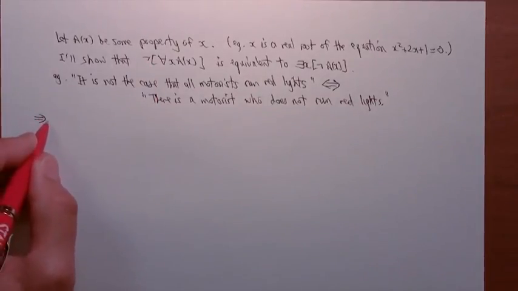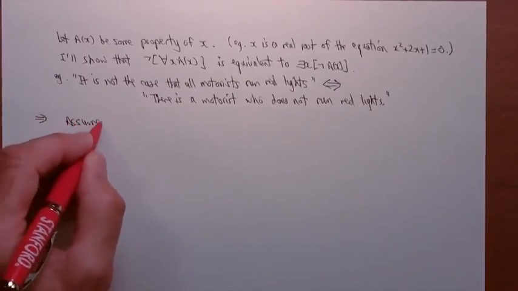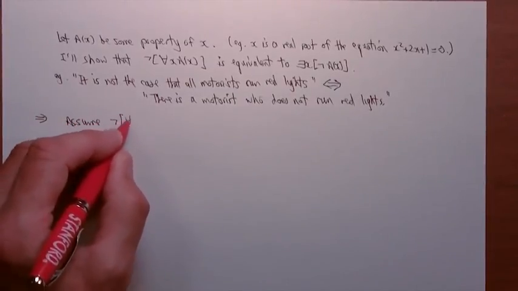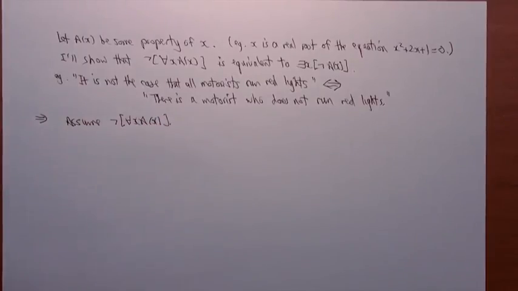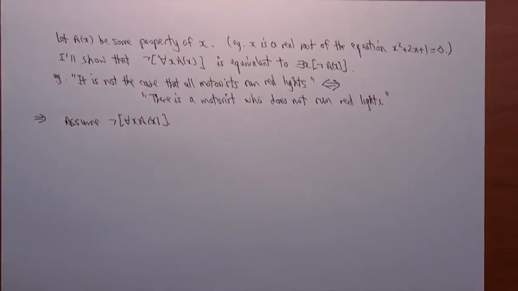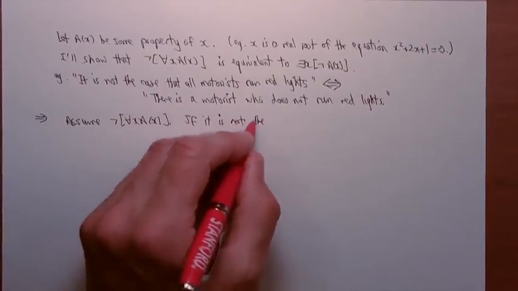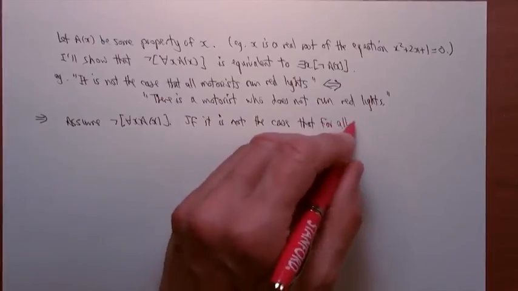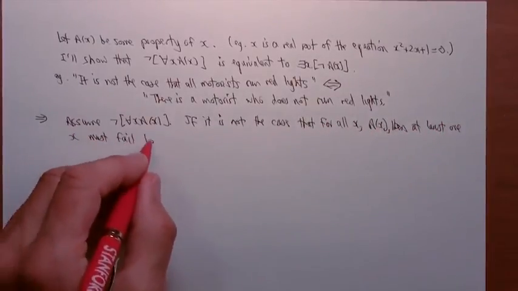So we begin with the left to right case. I'm going to assume not for all x A of x. Well, if it's not the case that for all x A of x, then at least one x must fail to satisfy A of x.